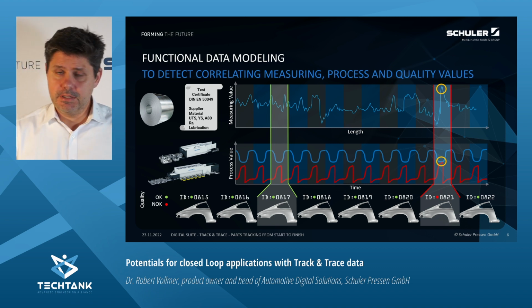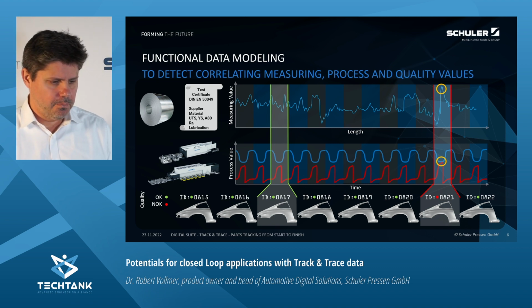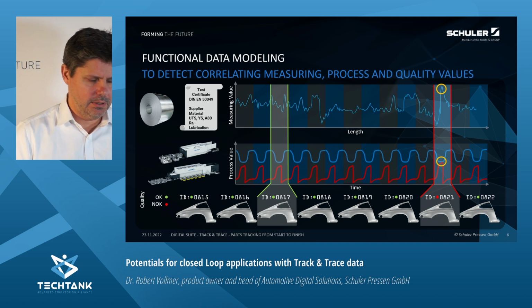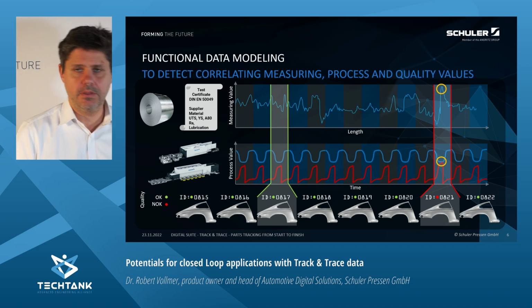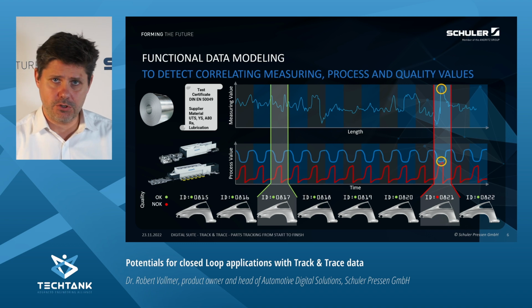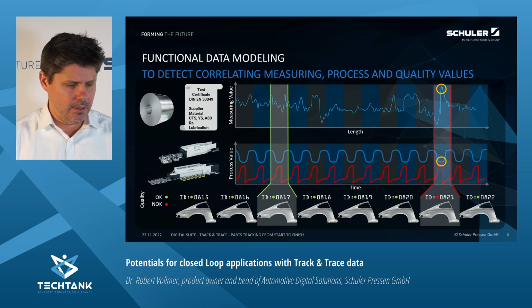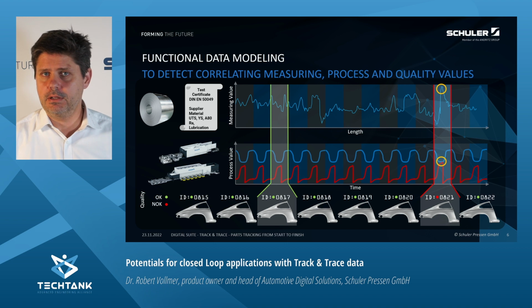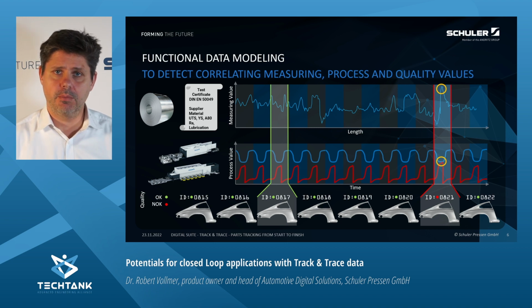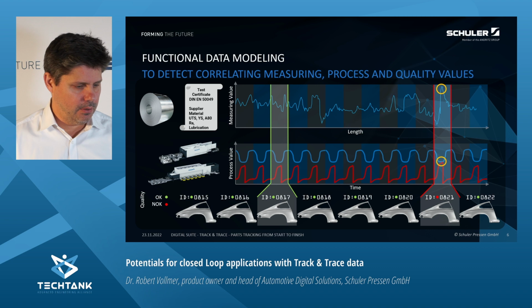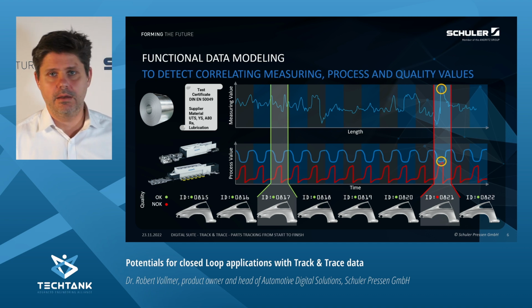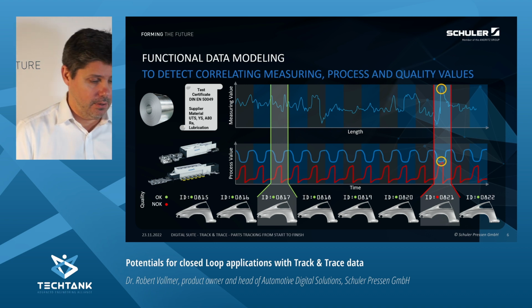Just a few ideas about the data modeling. When we are talking about data modeling, typically we start with the coil, basically in a press shop. When you scan the coil, there is typically some background information coming from your coil supplier with the test certificate. With this test certificate, you get information about the supplier, the material, the chemical composition, the mechanical properties of the material, and the pre-lubrication.